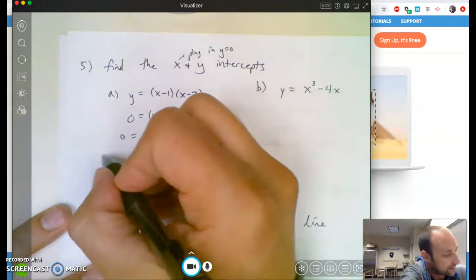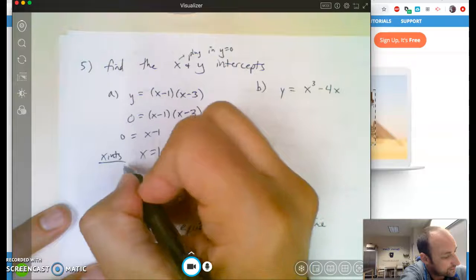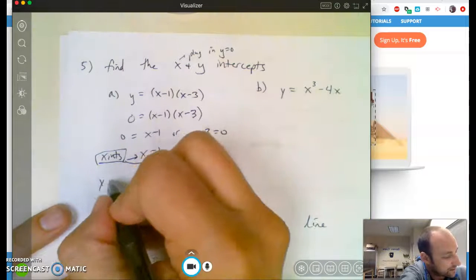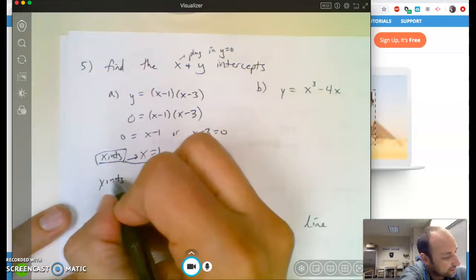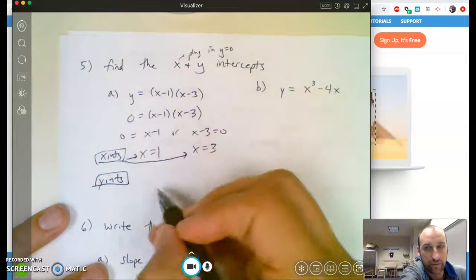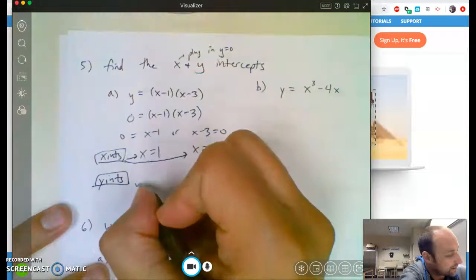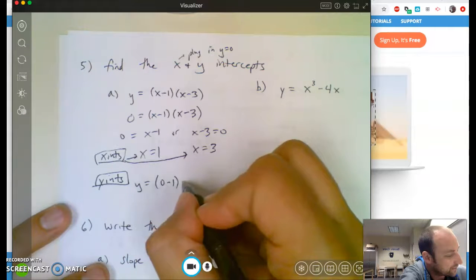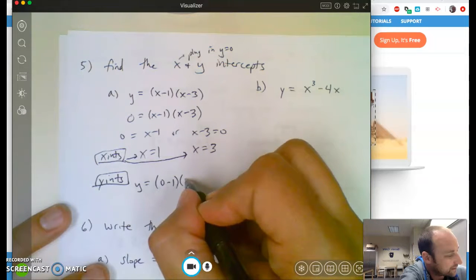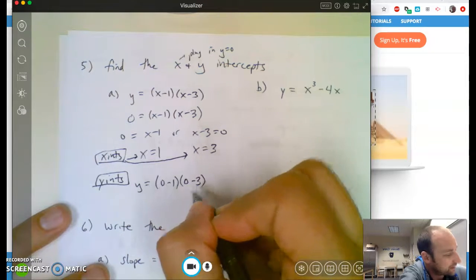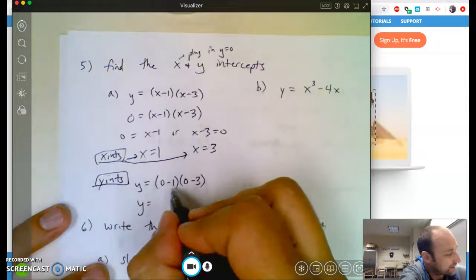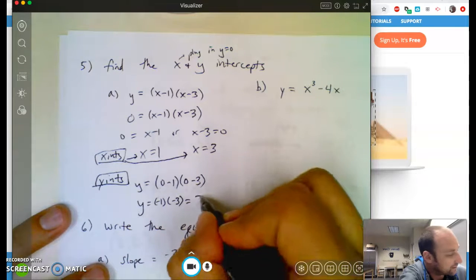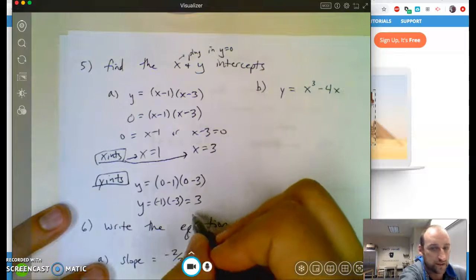Then your y-intercepts are always easier than that. I like to label my work so you can tell what I'm doing. Y-intercepts, you take that same equation and you plug in 0 for x, and it comes down to be -1 times -3, which is regular 3. So that is your y-intercept.